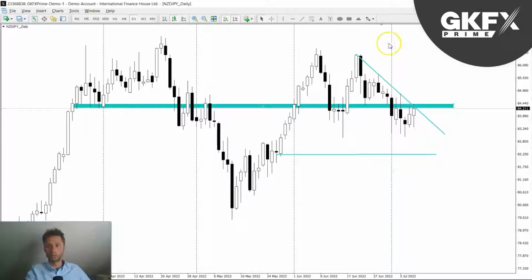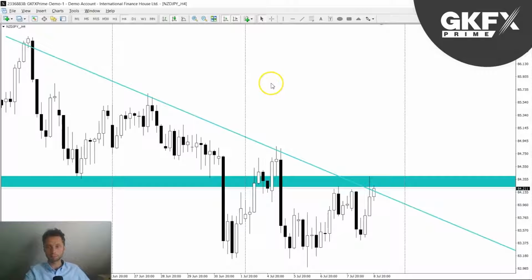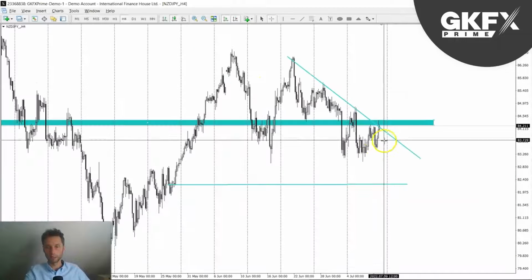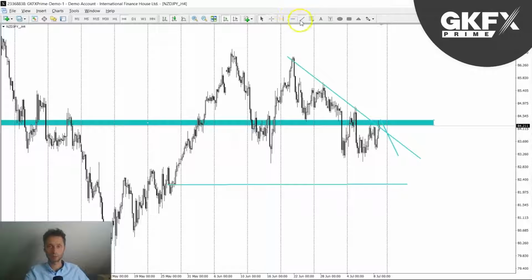So for me, the high probability here is a push to the downside, possible break of this structure low right here as a possibility, and then any sort of retracement we might see would be on a lower time frame, would be that continuation to the downside.